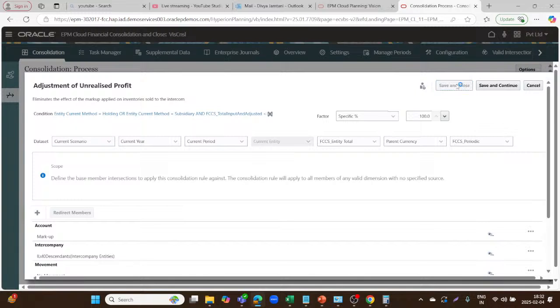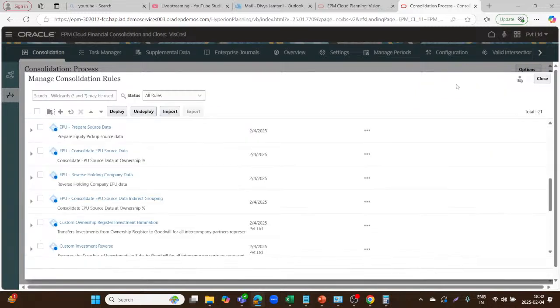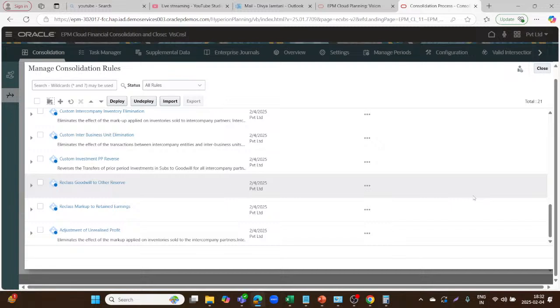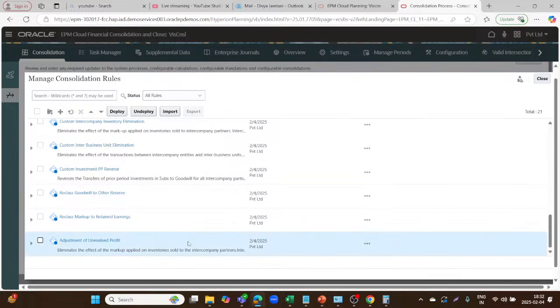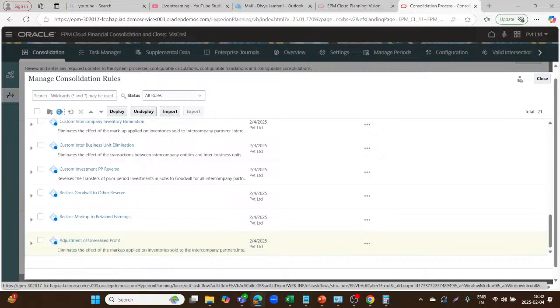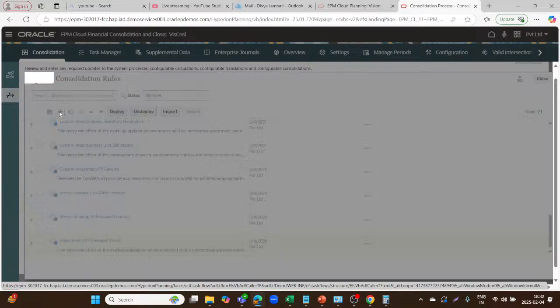Now you can save and close. And this rule will apply to all. So now under it you will add now.